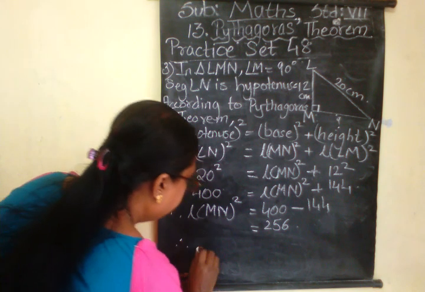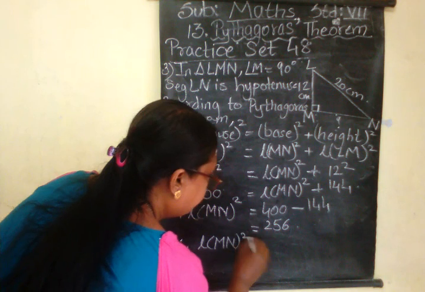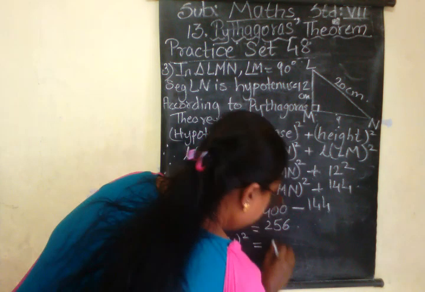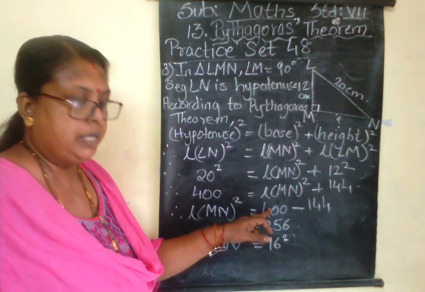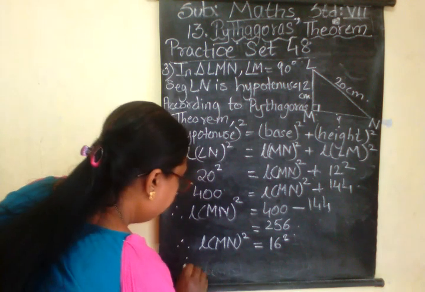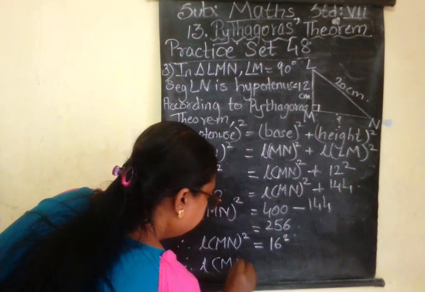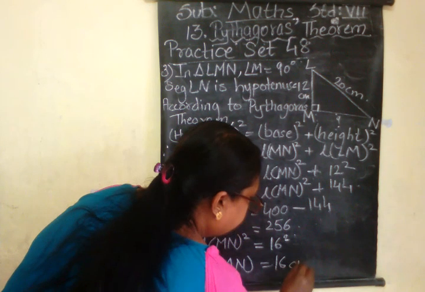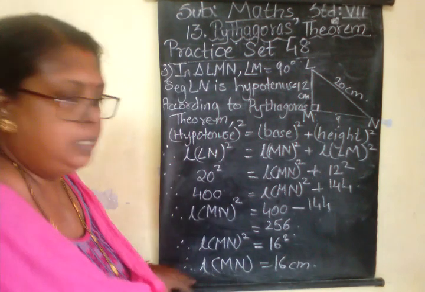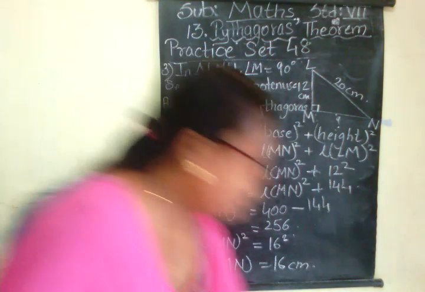Therefore, length MN square can also be written as 16 square, because 16 square is 256. Therefore, length MN comes to be 16 centimeter.